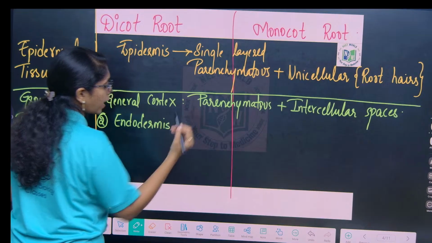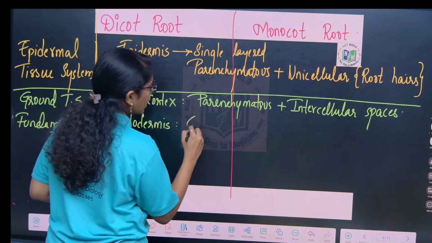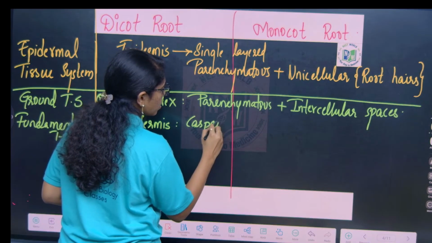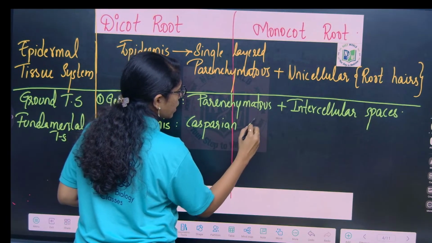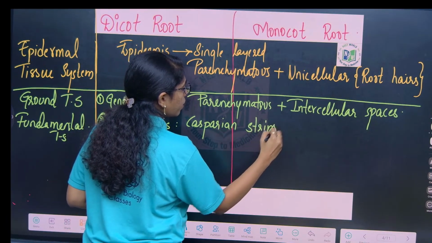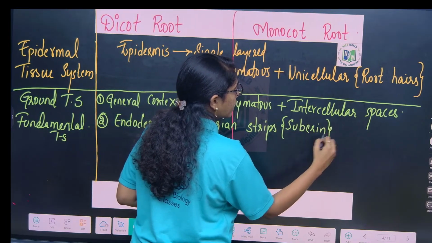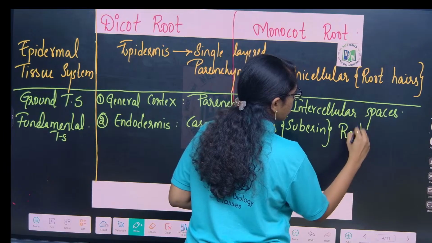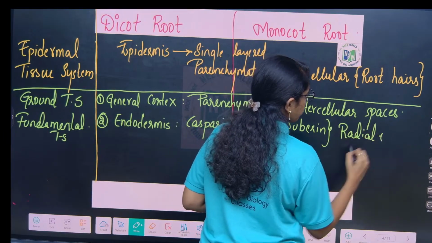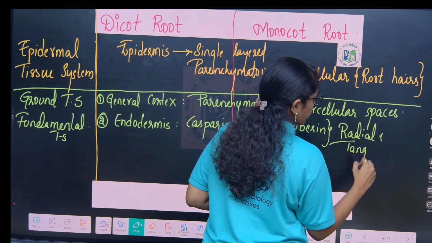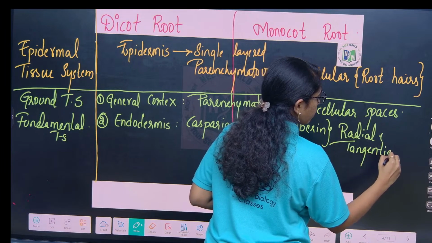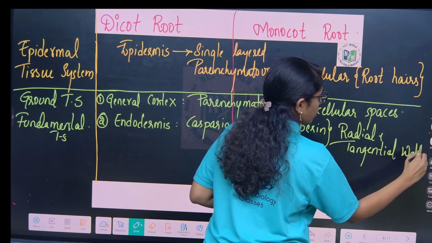Endodermis in both dicot and monocot, they will have what? Casparian stripes, which are made up of what? Suberin. In what walls? Radial and tangential walls. Clear?